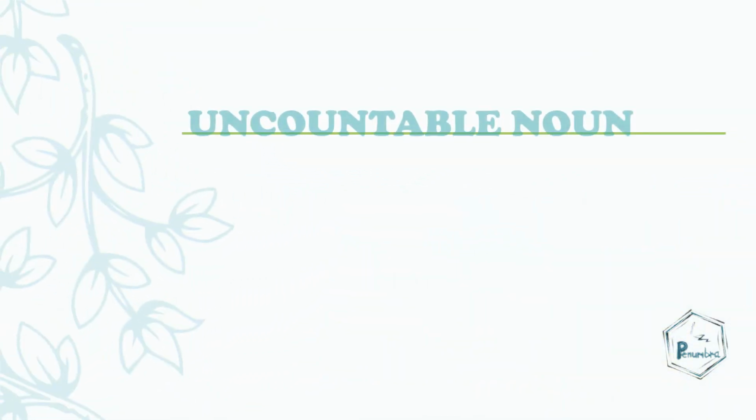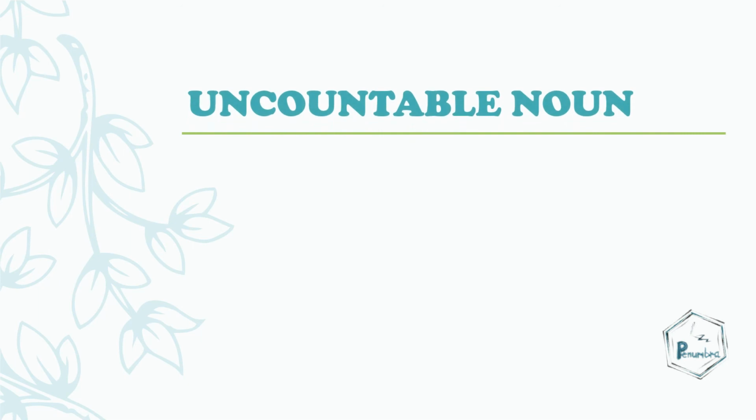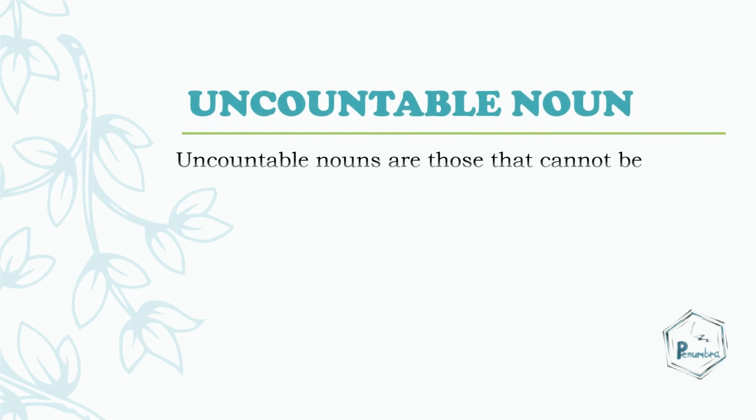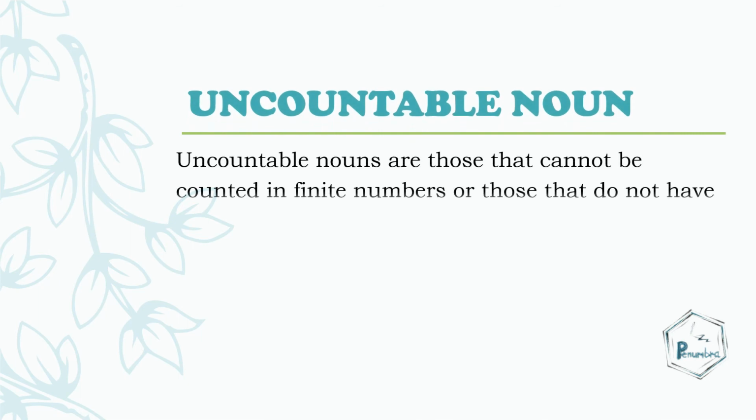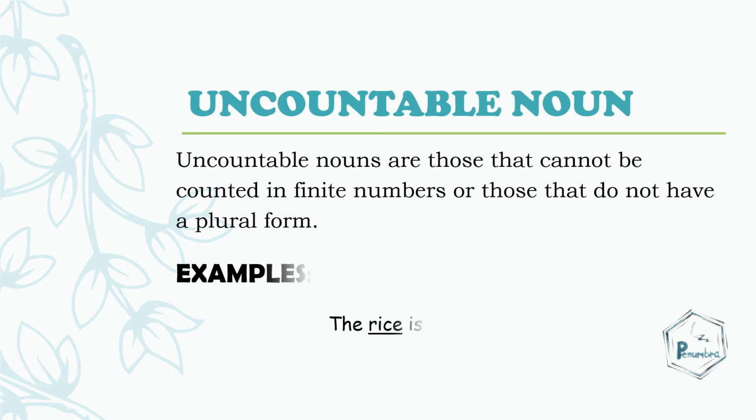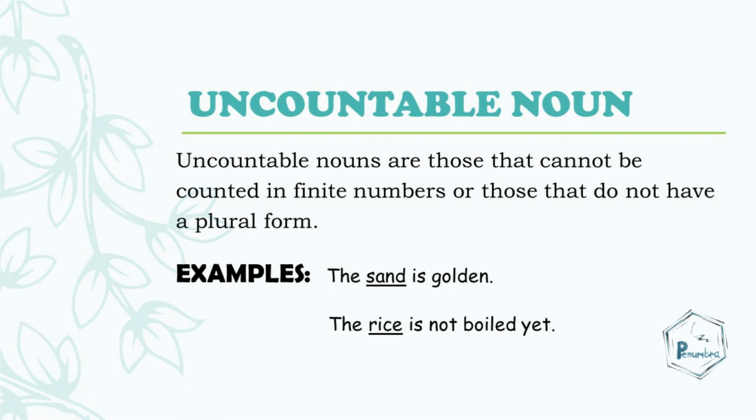In contrast to the countable nouns, uncountable nouns are those which cannot be counted in finite numbers, or you can also describe them as the words which do not actually have a plural form. Just think of water or air. These things are nouns, but they cannot be counted. So they can be considered as uncountable nouns.